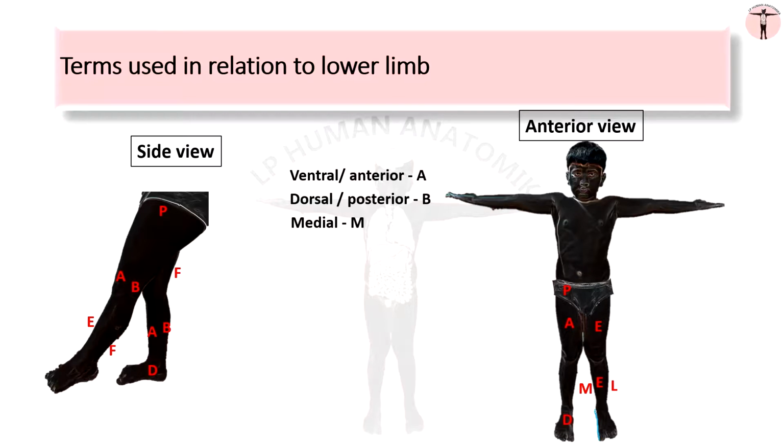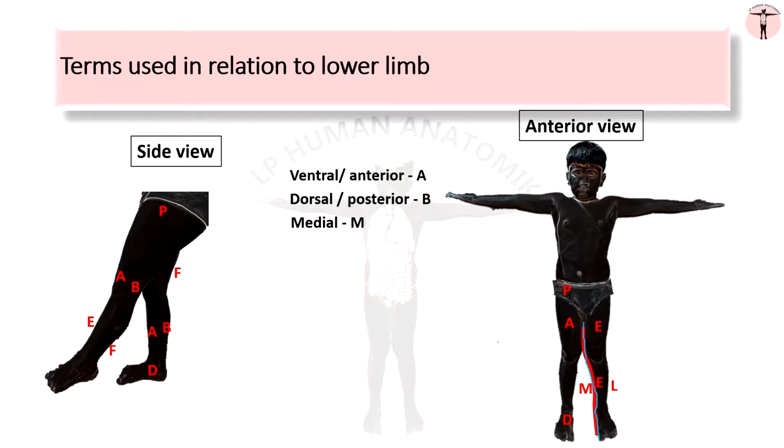So the structures which are present close to the medial border of the foot, medial border of the leg and the thigh, is the medial side or medial relation of the structure.